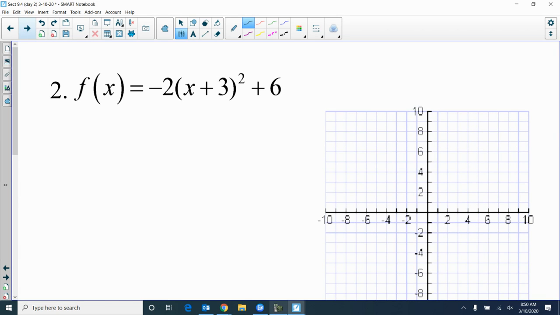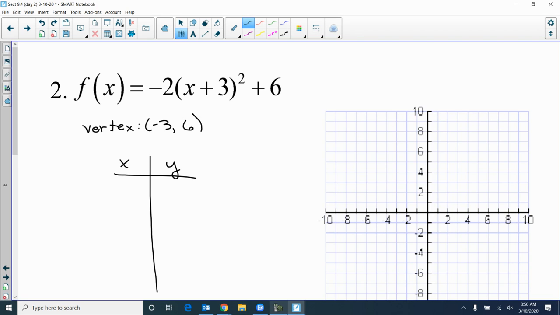Okay, same idea. We're gonna do the same thing, same directions. Write that equation down for number 2, if you would. Styles, can you give me the vertex? -3, 6. Not +3, but -3, 6.